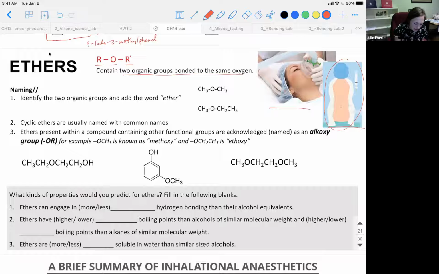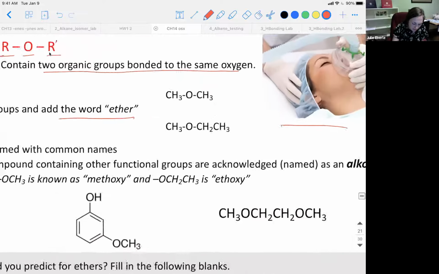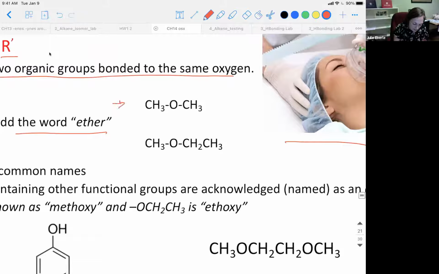Identify the 2 organic groups, and then you add the word ether. So if I'm looking at each side of this one right here, I've got methyl and methyl. So guess what? This is dimethyl ether. No numbers, no nothing here. We're just naming both alkyl groups. They both happen to be methyl groups, so dimethyl ether.